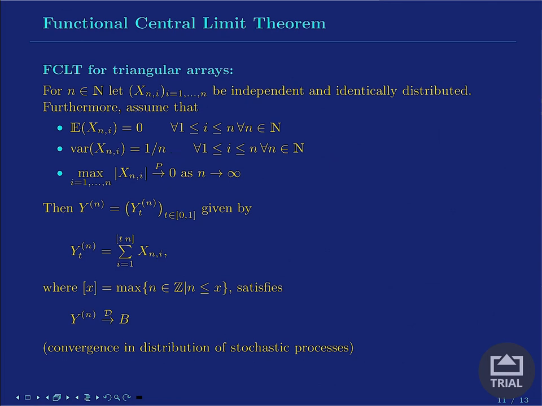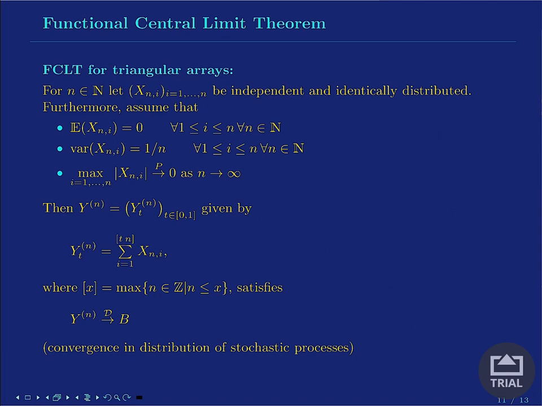So for fixed n, the variance of the total sum of the xni's is exactly 1. So that is the standardization that we want. At the right endpoint, the variance of the sum should be 1, as for the standard normal distribution.